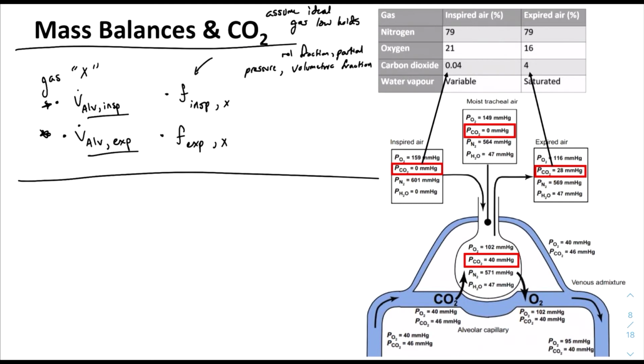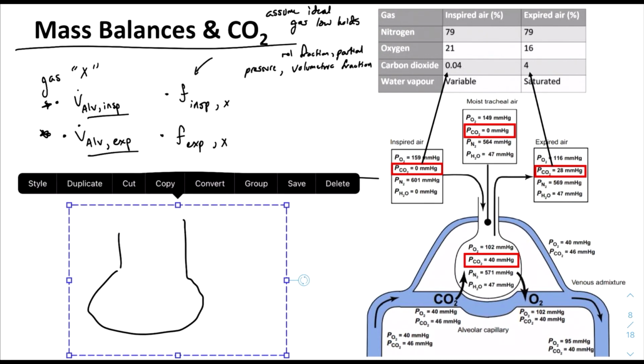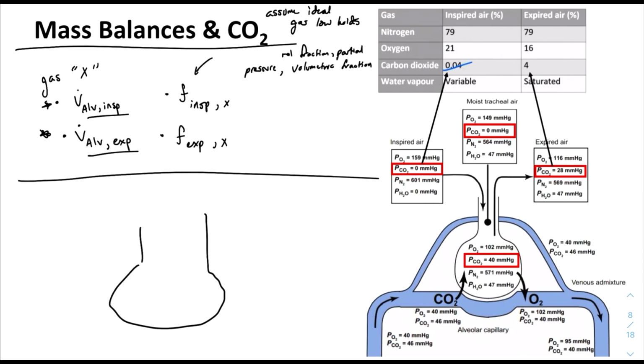So when breaking down exactly how we're going to be motivating the terms, I'm going to be using a little simplified bulb model. You can just imagine it as the sum of the alveoli where stuff will be entering and leaving. So CO2, we're going to be assuming that it is 0% on inspiration. That means that the only relevant area where CO2 is going to be coming from is the capillary, there's some rate of CO2 production into the alveoli from the capillaries.